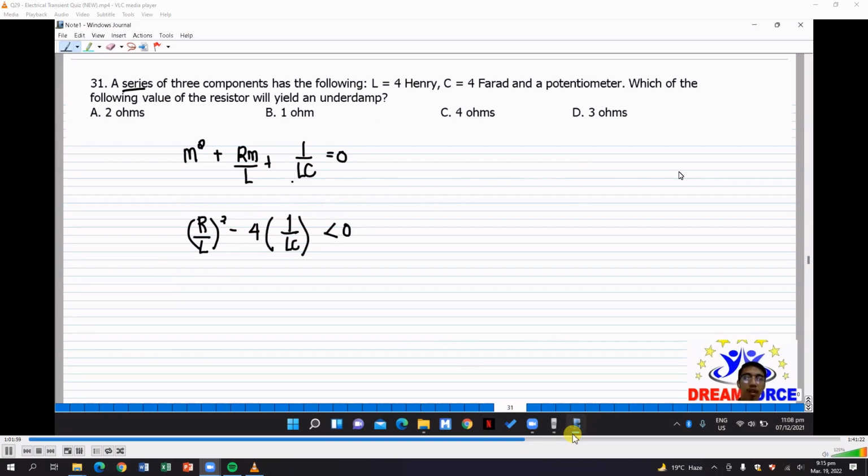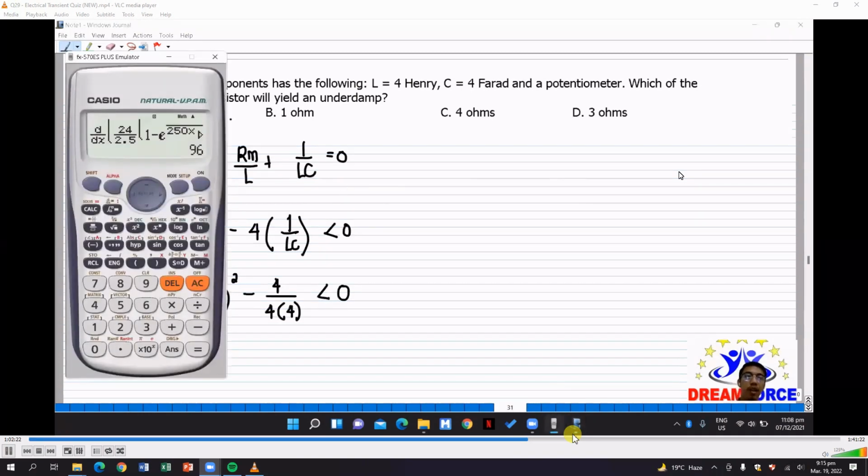Okay, input natin yung mga present. Ang absent dito is si R. So we have R over L of 4, so quantity squared minus 4 over LC. L is 4, C is 4. Anong value ng R para maging less than 0?